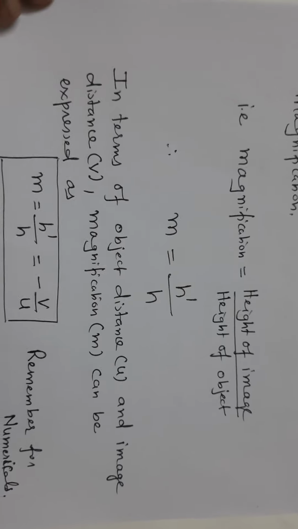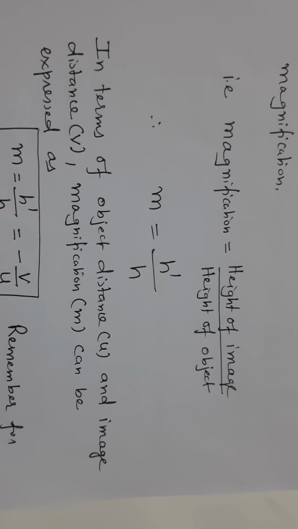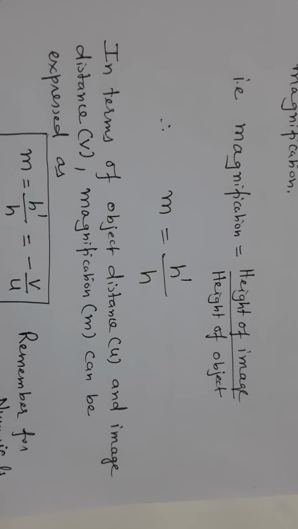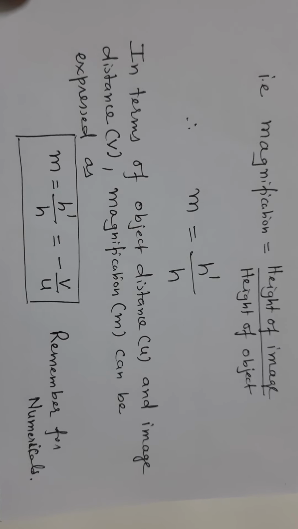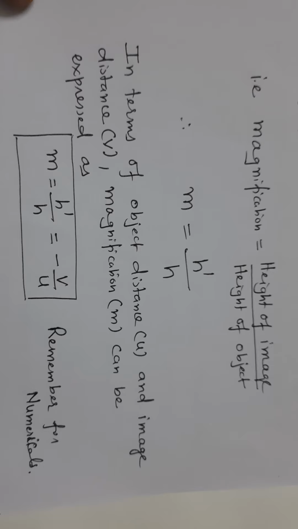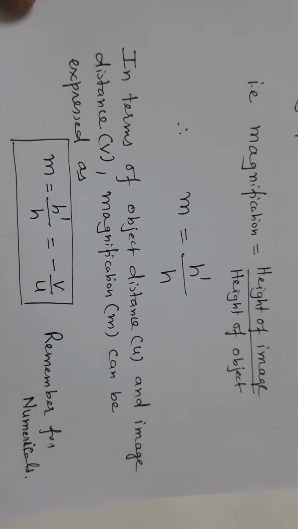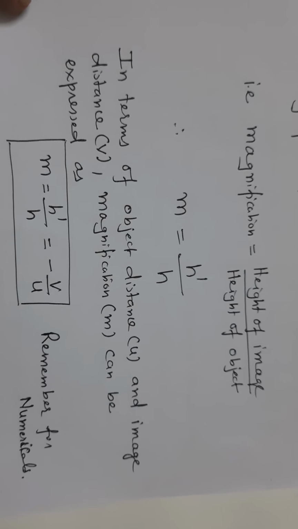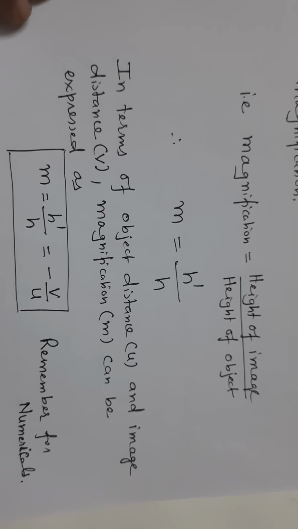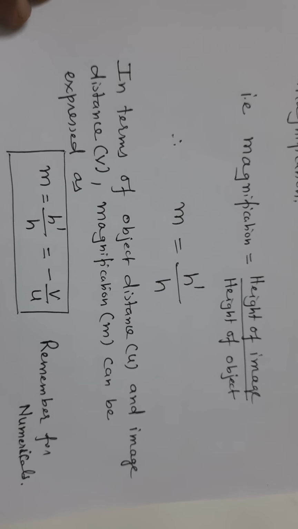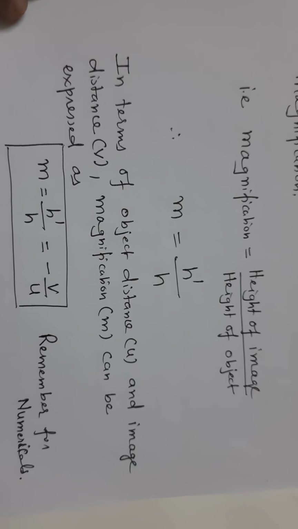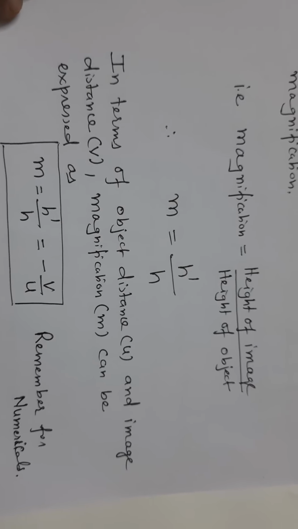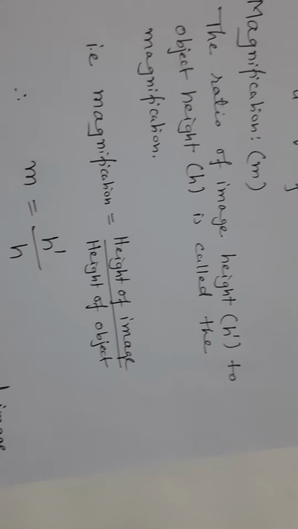In terms of the object distance u and image distance v, magnification m can even be expressed as m is equal to h dash upon h is equal to minus v upon u. That is another formula of magnification in terms of object distance and image distance. So m is equal to minus v upon u.